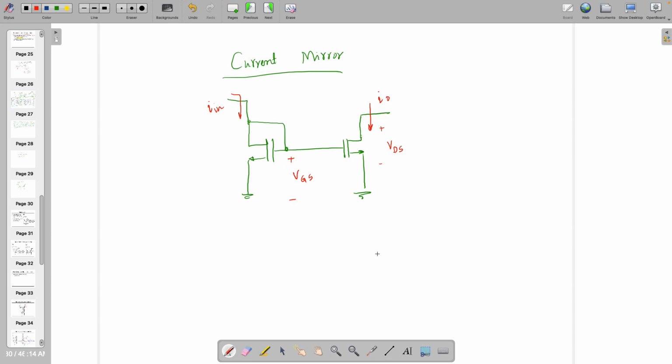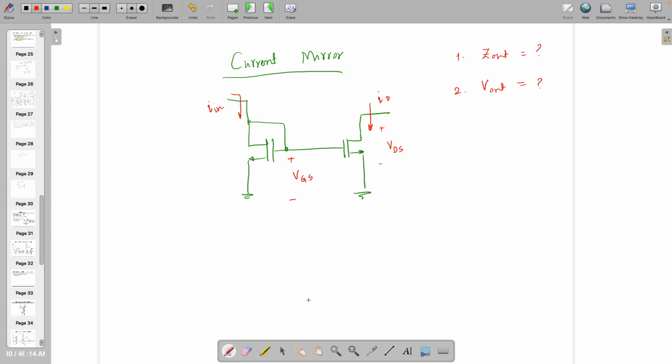Note that in this particular circuit, we need to see two things to evaluate whether this current source is a good current source or not. Those two things are output impedance and the output voltage. That is what we need ideally, but we need to check this for the current mirror.